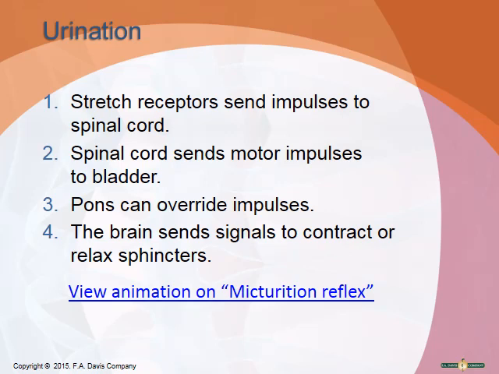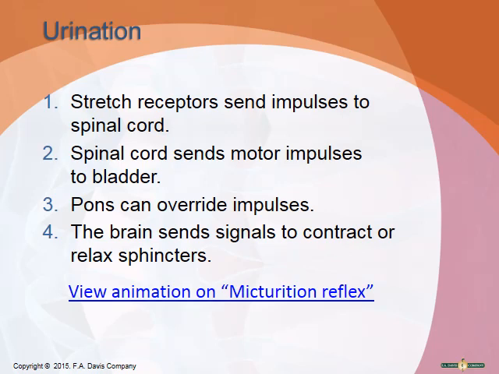The brain has the ability to override the impulse to void because the stretch receptors, in addition to sending information to the spinal cord, also send information up to the pons. The pons, if you remember back in the nervous system, is involved in respiration, but the other function is urination.